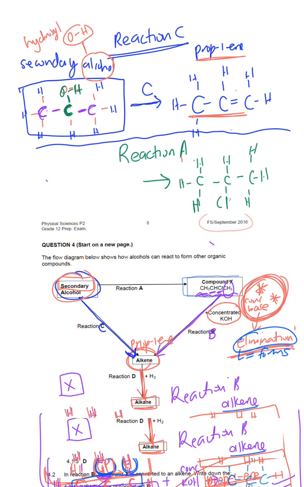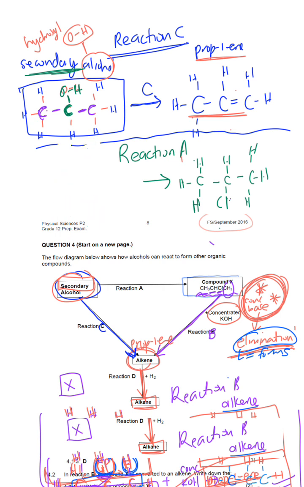Now if I had drawn it like this, and I put the OH group on the first carbon, then the carbon that holds the OH group is only attached to 1 other carbon. So that would be incorrect. This would have been a primary alcohol. And the question clearly said they want a secondary alcohol. So that is how we know what our secondary alcohol is going to be.